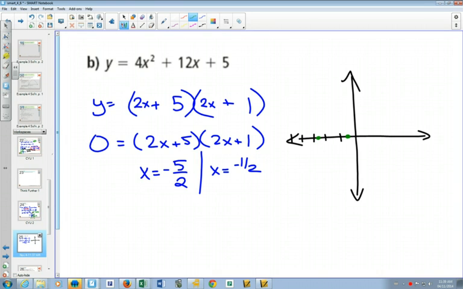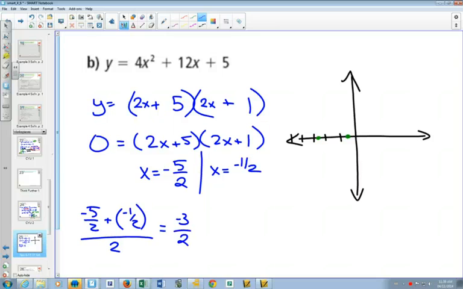So if we take negative 5 over 2 and add negative 1 over 2, then divide it by 2, you get negative 3 over 2 as the middle. And maybe you could just even see that negative 1.5 is right in between them.